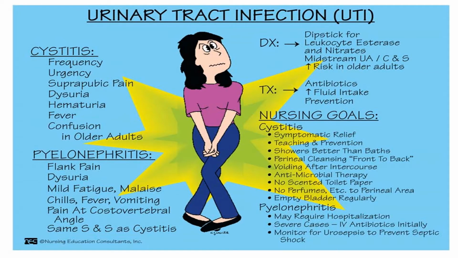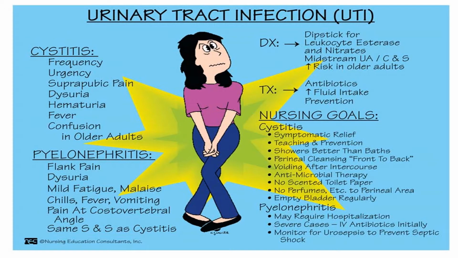So I have you a pictogram of a person with a UTI, and you can see the lady is crossing her legs there because of that urgency, frequency, dysuria that occurs. Patients can have hematuria with this or not. Fever can occur, and for older adults we a lot of times see confusion.